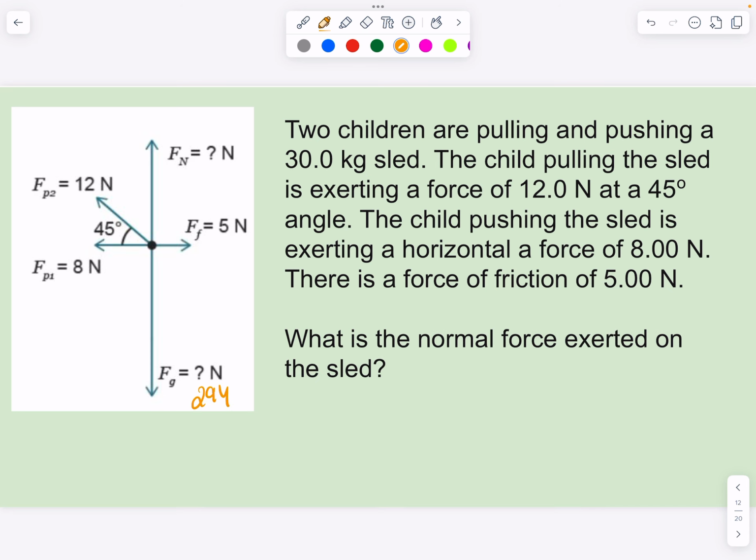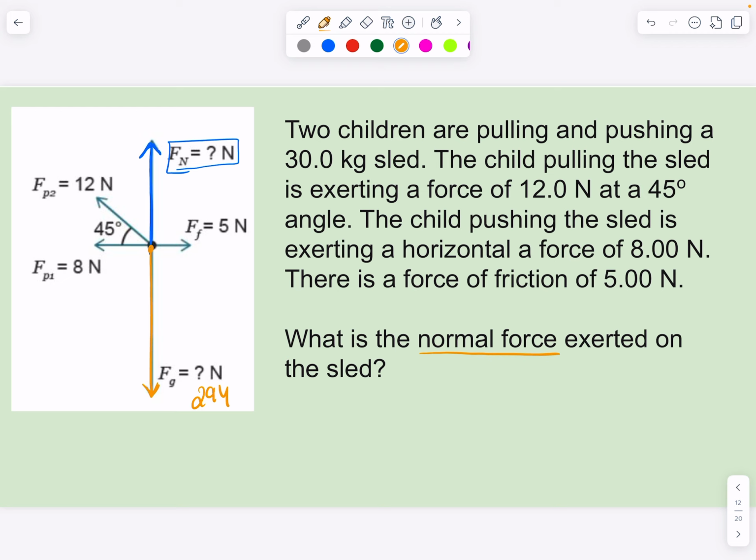The next question says, what is the normal force exerted on the sled? Now, normal force is going to be the force that is moving, in our case here, up this direction. This is our normal force. Now, our normal force, because the sled is not flying in the sky, is going to be equal to the Fg force, except that we have some other vertical forces in play.